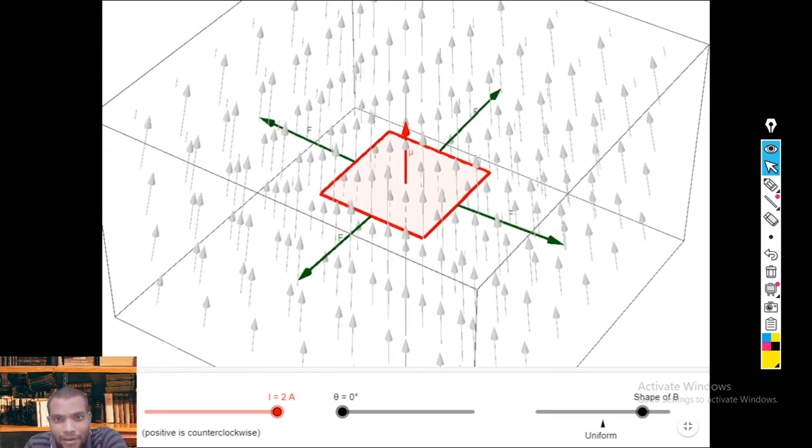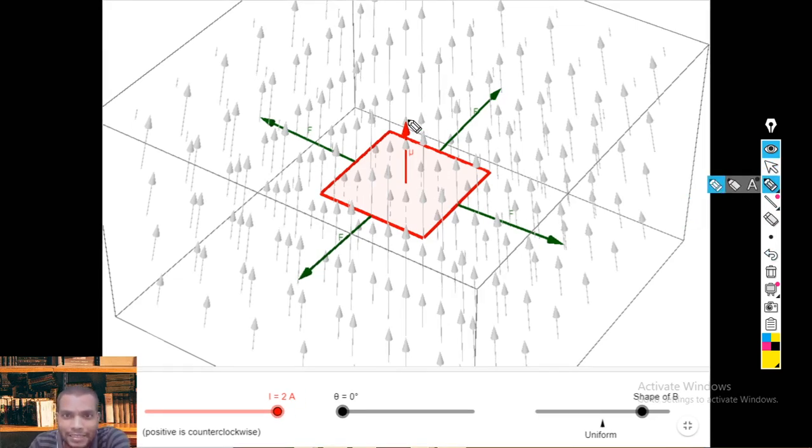So let me take a good angle. Now the current in the coil equals 2 amperes, and what you are seeing is the red vector. This is what I am talking about, the magnetic moment vector. This is the area vector also, or we can call it the magnetic moment vector.